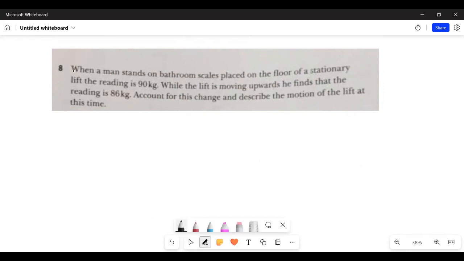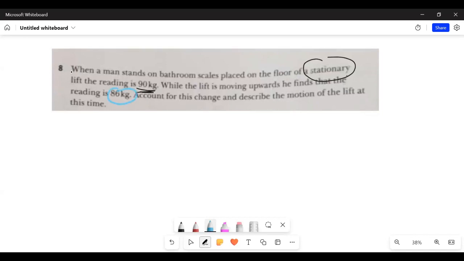So the man is standing in a lift on a weighing scale, and when it's stationary, it reads 90 kg. Then while the lift is moving upwards, he finds that the reading is now 86 kgs.